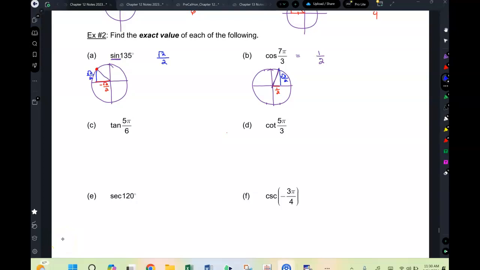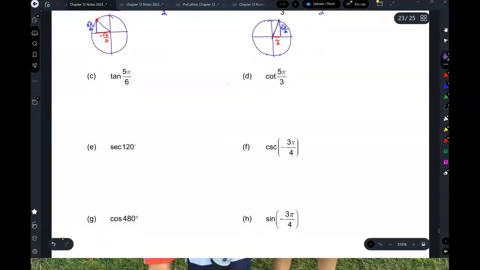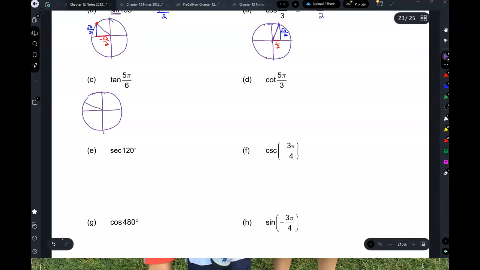Okay, so 5 pi over 6 on the unit circle. Five pi over 6 is in the second quadrant. Now, pi over 6, is that the big angle or the little angle? The smaller angle. So we're right here, 5 pi over 6. So tangent is opposite over adjacent. All right, now, to get to this point, I need to go horizontally a little bit and up a little bit.